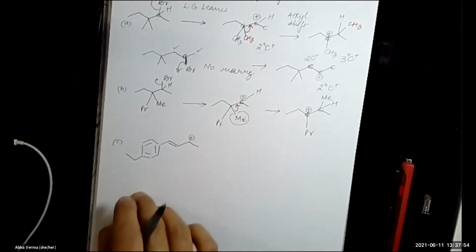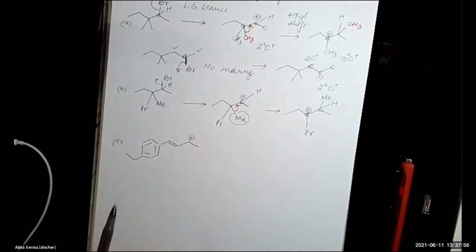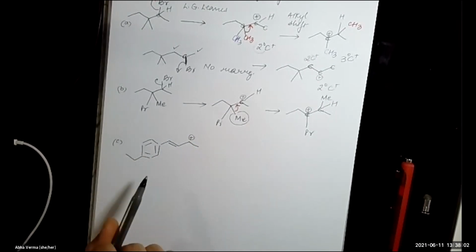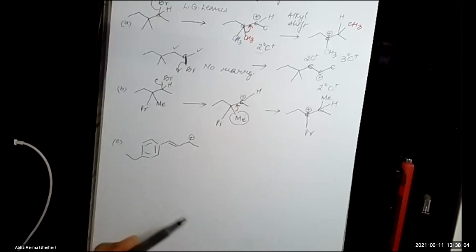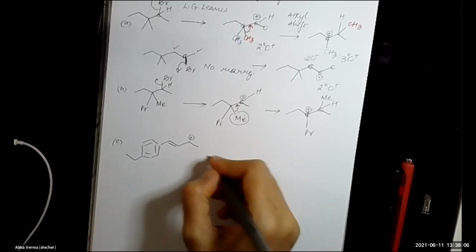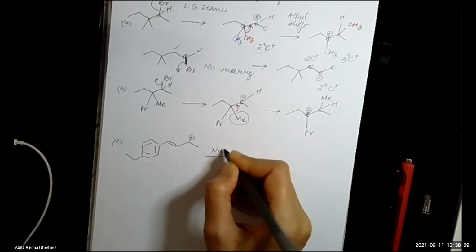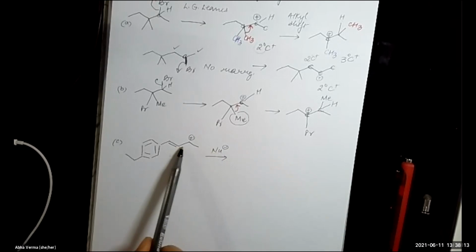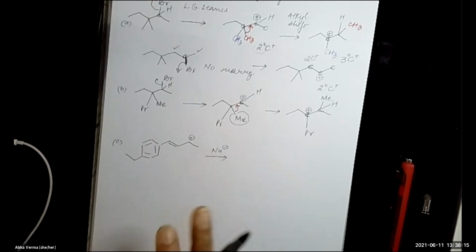Go ahead and draw this structure. For this particular structure, if I have to attack a nucleophile, would you say that I will get only one kind of product or 2 kinds of product?